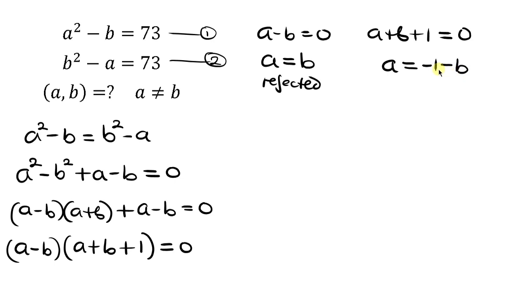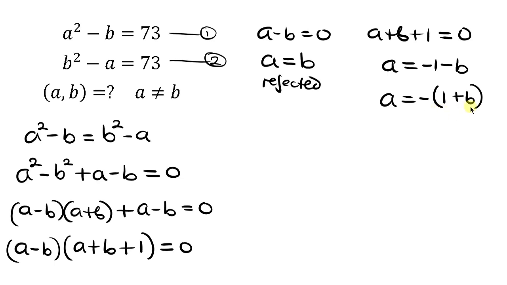But you notice that negative is common. So we can factor out negative 1. Negative 1 divided by negative 1, I have 1. And negative b divided by negative 1, I have plus b. So a is equal to negative 1 plus b.